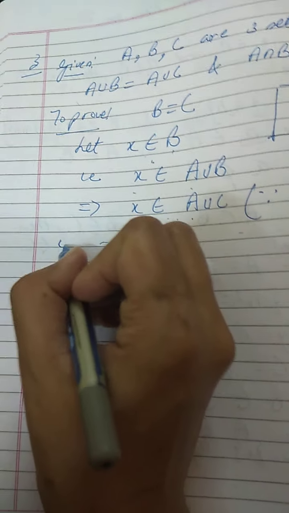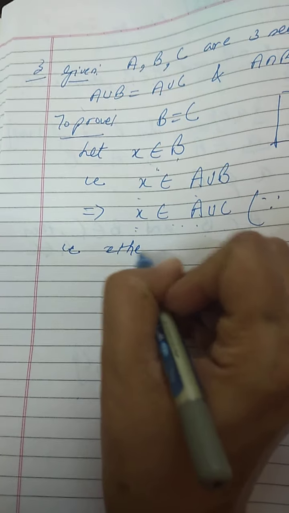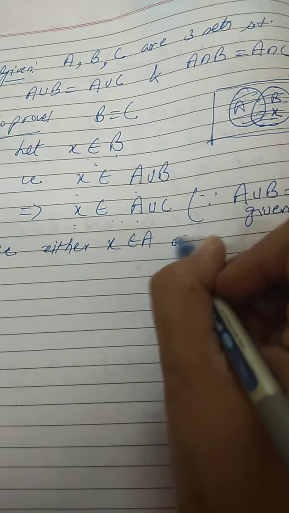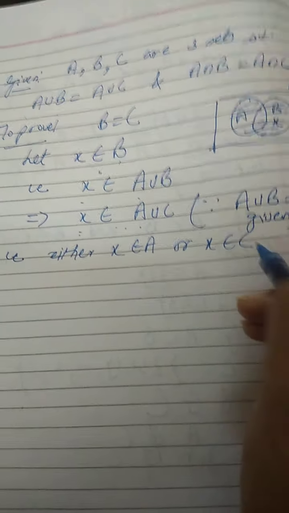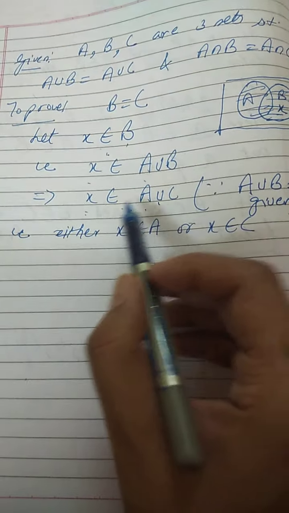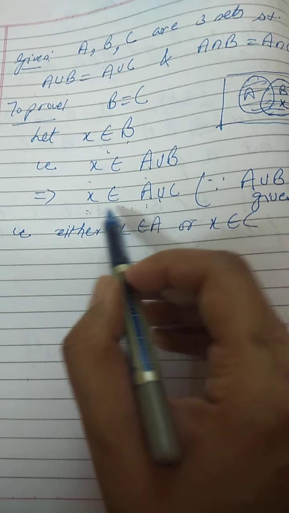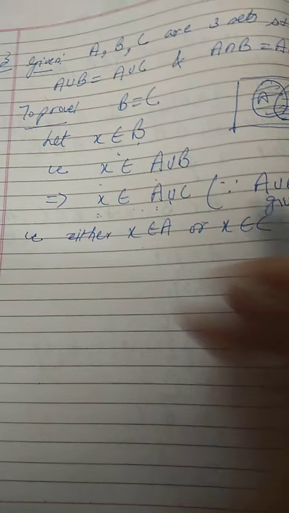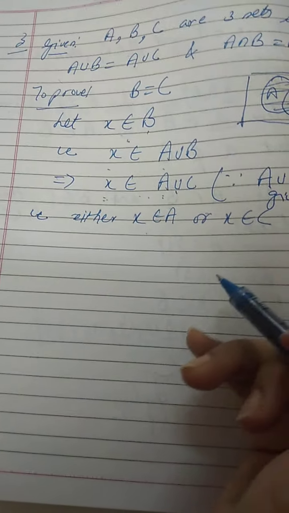That is, either x belongs to A or x belongs to C, because in the union, whatever element we are taking, either it will belong to A or it will belong to C, right? So in one of the two sets it will be present.